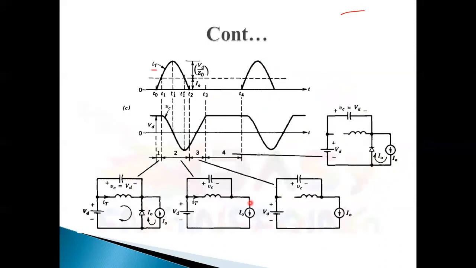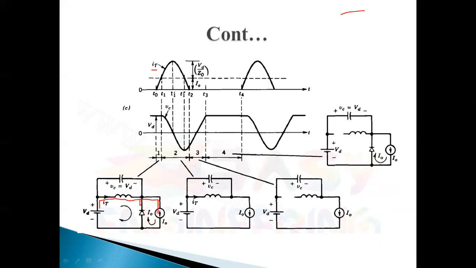Okay, so consider this. If current is flowing through this direction, current first flows to the inductor. After that, current is flowing through this diode, but the diode will be off, so current is flowing through this direction.